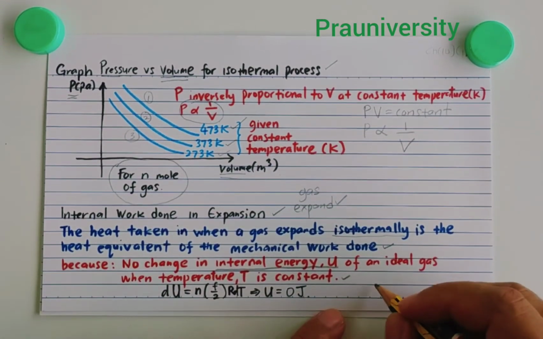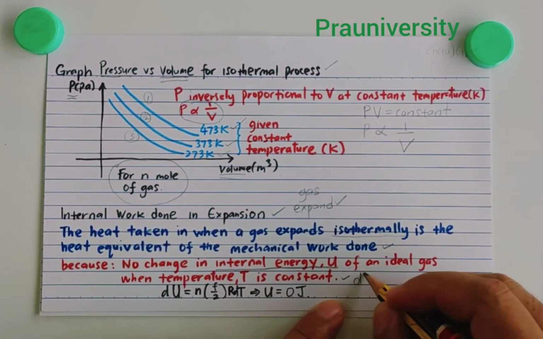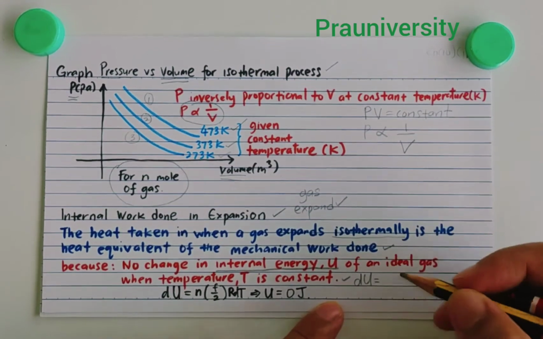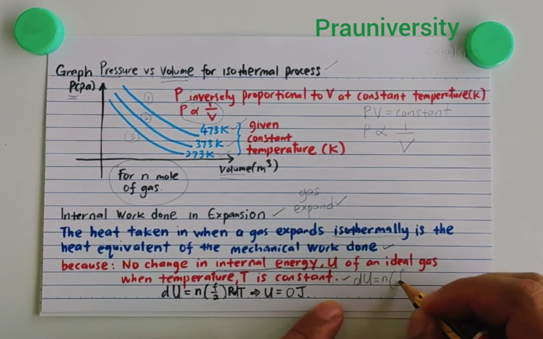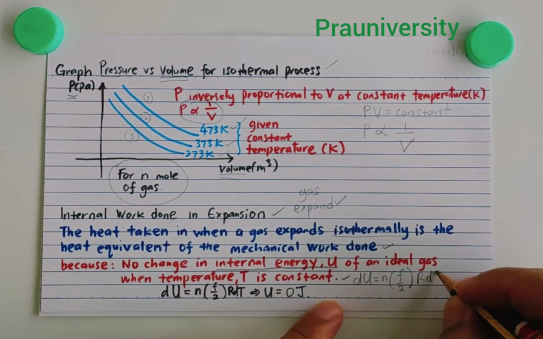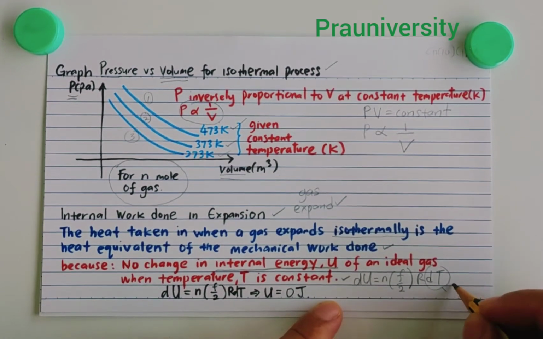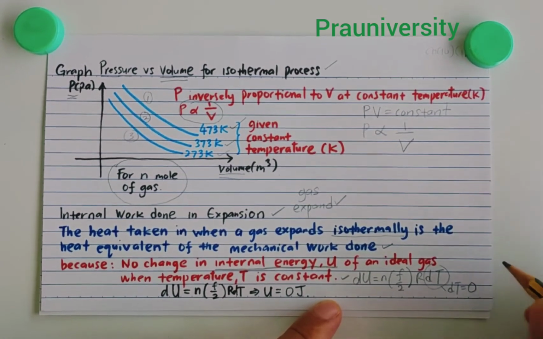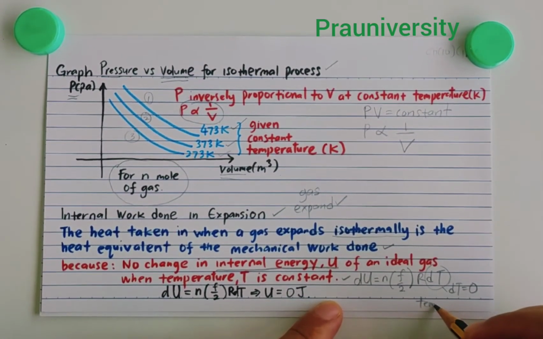We have the equation for the change in internal energy, delta U equals f over 2 nR dT. So dT is equal to 0, because the temperature is constant.